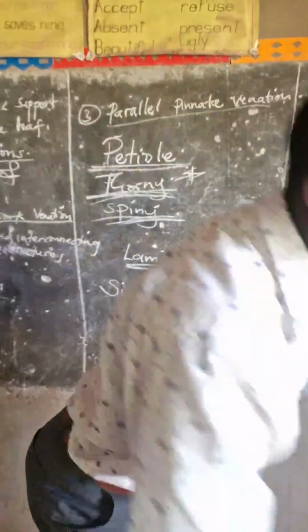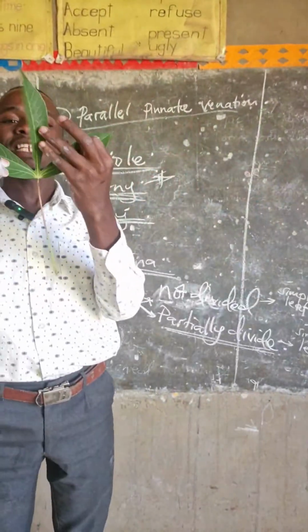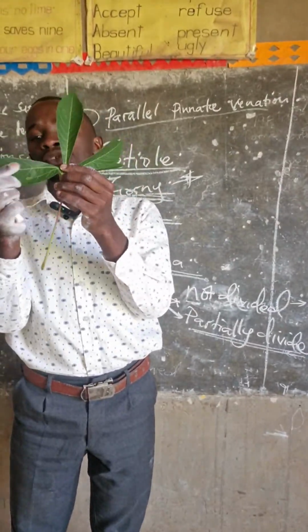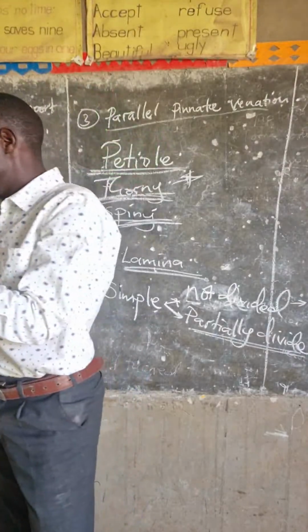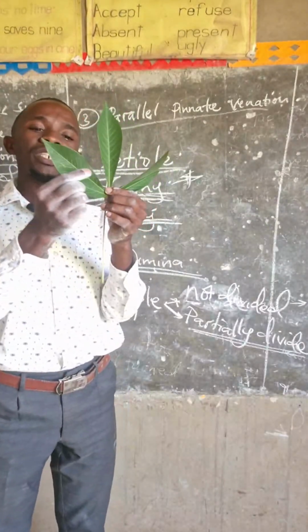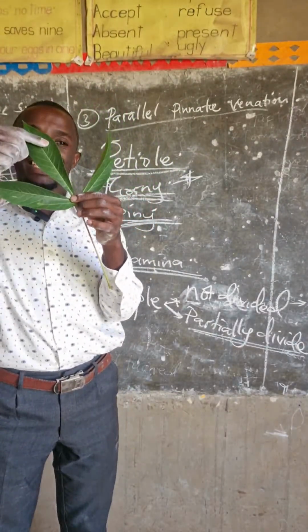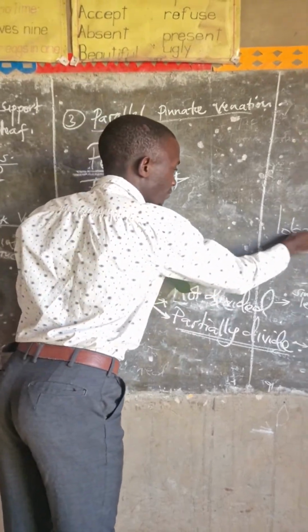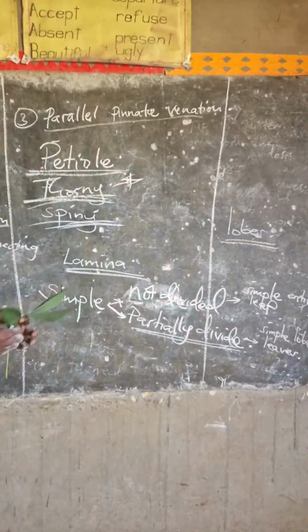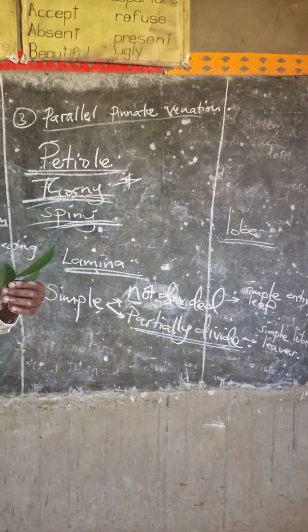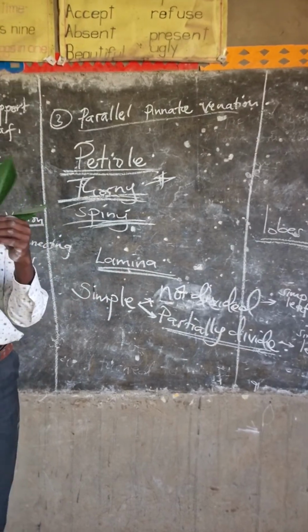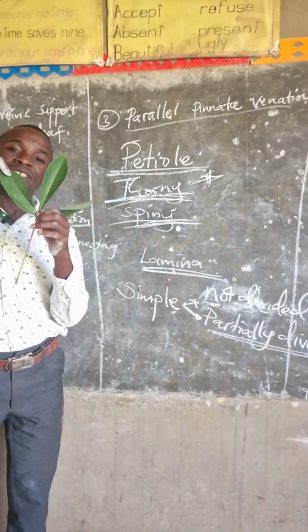For this one, it is not completely divided. It is partially divided. So these ones are not called leaflets. This time they are called lobes. So for the simple lobed leaves, the leaf lamina is divided partially to form lobes.